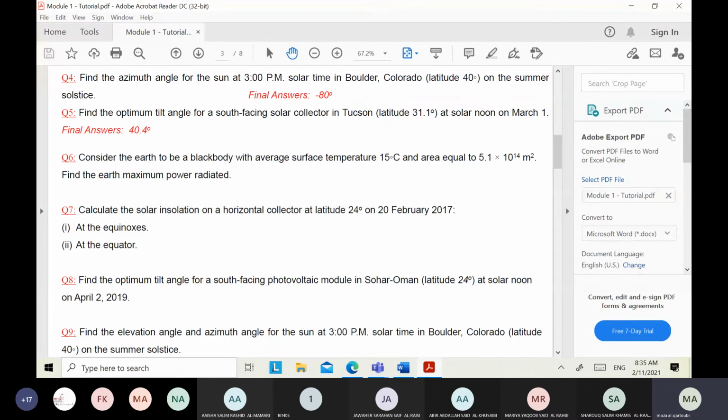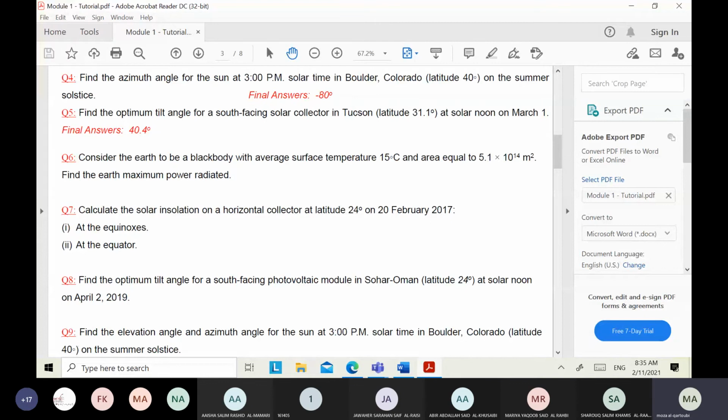And azimuth angle. Same as question number 4: 3 p.m. solar time in Colorado, latitude equal 40, also on the summer solstice. So question number 4 and question number 9 are the same, with one extra point in question number 9, to find the elevation angle.